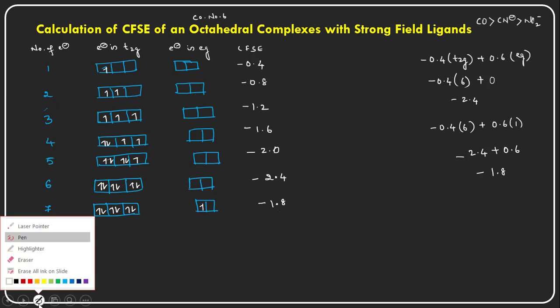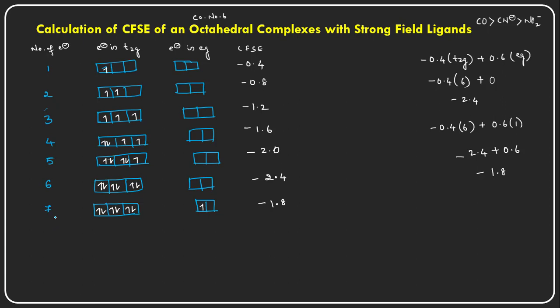And if one more electron is present, that means 8 electrons are present in this particular octahedral complex having strong field ligands, then what will be the crystal field stabilization energy? So all electrons are filled in the T2g orbital, and in the Eg orbital the seventh electron will be here and the eighth electron will be here.